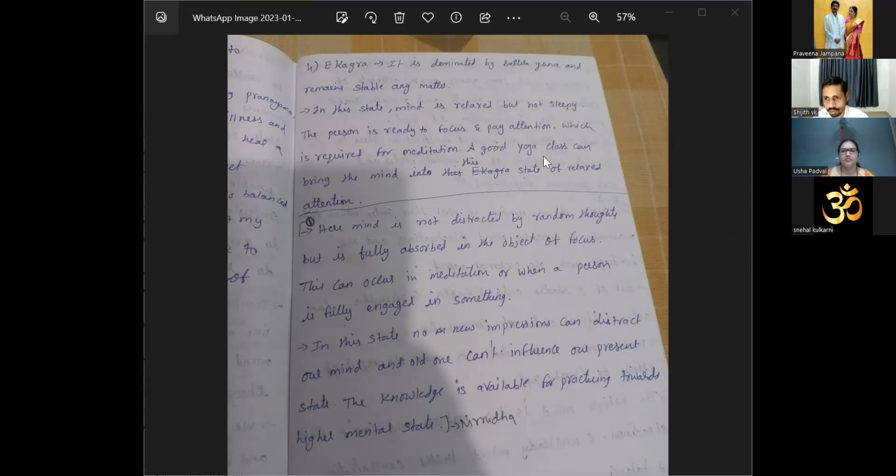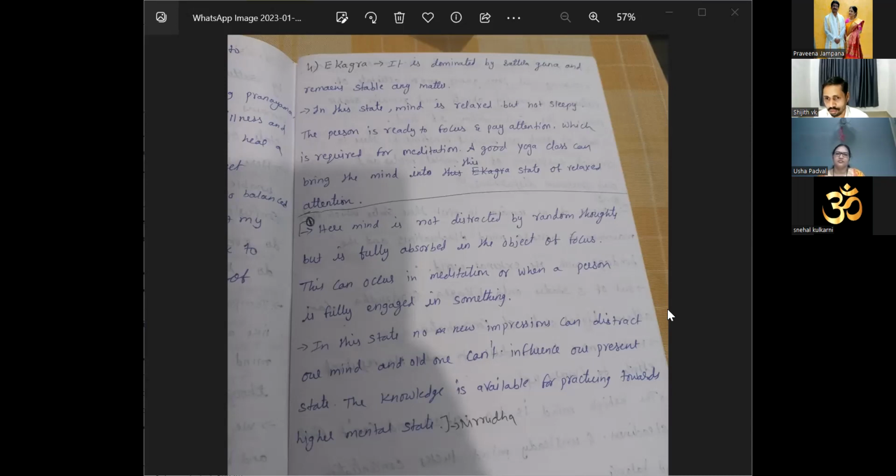A good yoga class can bring the mind into this state of relaxed attention. After a good yoga class, people feel very relaxed. If you have done pranayama followed by yoga nidra or meditation, then you can experience this.